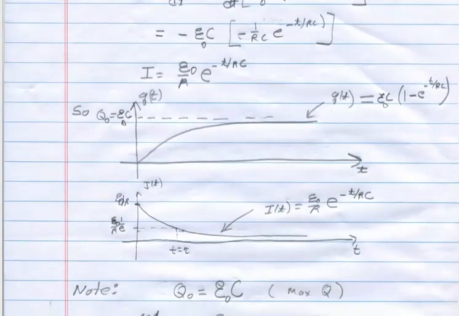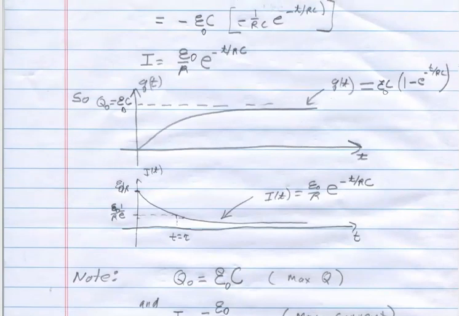And then it's nice to plot these two functions. Q, I've rewritten it here. It starts off, well, pretty obviously when t is 0, I get 1 minus 1, so it starts off at 0, 0 at the origin. It begins to increase. As it increases in time, this factor gets smaller from 1.